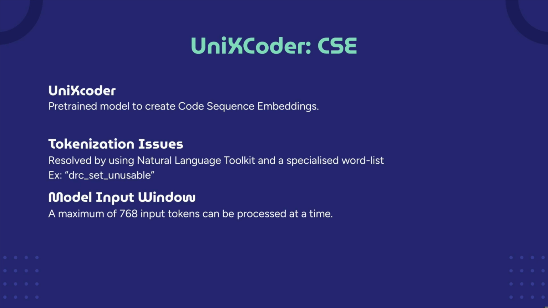To resolve this, the Natural Language Toolkit, NLTK, was used to refine the tokenization process, and a specialized word list was created to ensure the accuracy of tokens. This approach allows UniXcoder to generate precise code sequence embeddings with a max length configuration to support up to 768 input tokens, crucial for the model's performance in vulnerability detection.